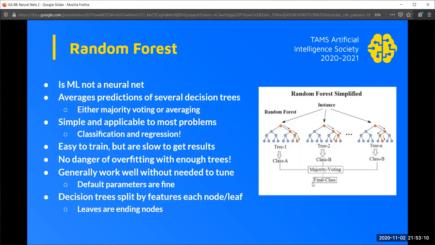Or if you only had one tree in your forest, is that even a forest anymore? But if you had one tree and you asked only one person about TAMS, you would overfit your TAMS experience to that person's experience, if that makes sense. If you have enough trees, then you're cool. You have a good general overview because you have a lot of trees.